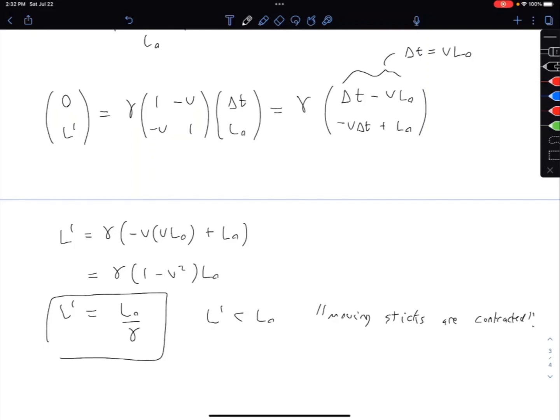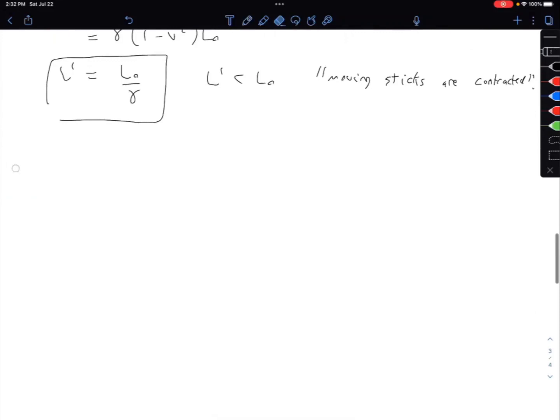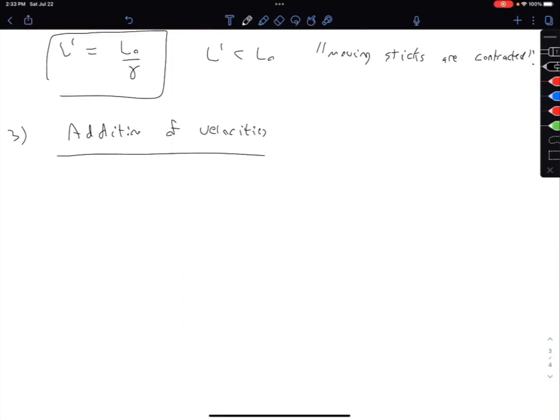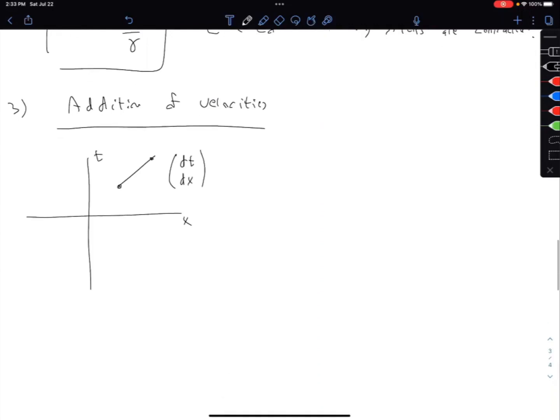Okay, let's do something that seems maybe a little bit scarier, but it's actually very easy. Let's do addition of velocities. We're in the unprimed frame, and we measure two events of some object moving at some velocity v. So it's going to have some small time separation and some small spatial separation. And we know that if we know dt prime and dx prime, we can form those into the velocity, right?